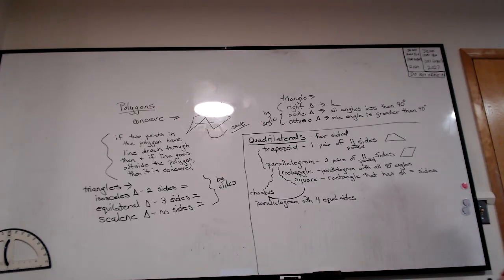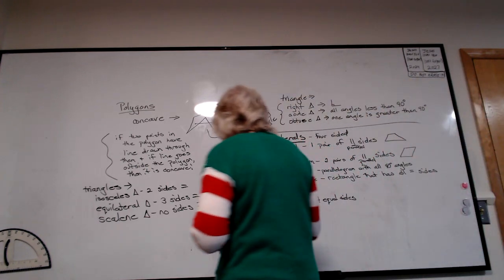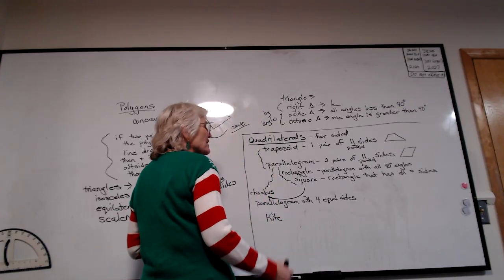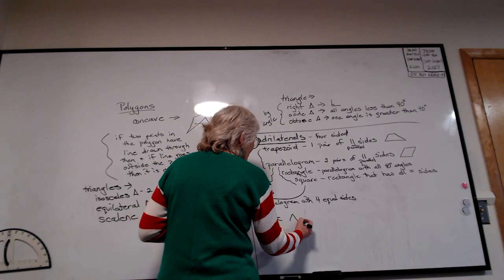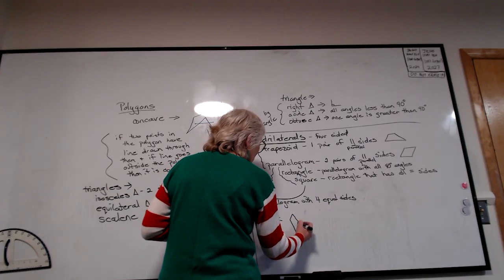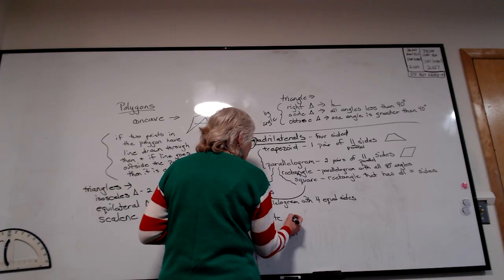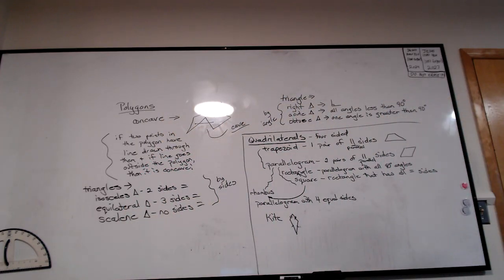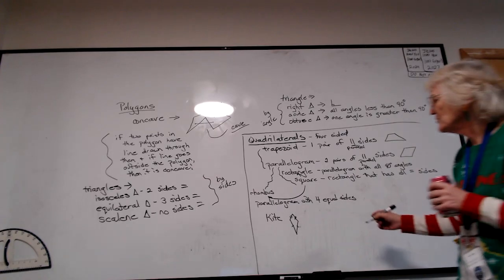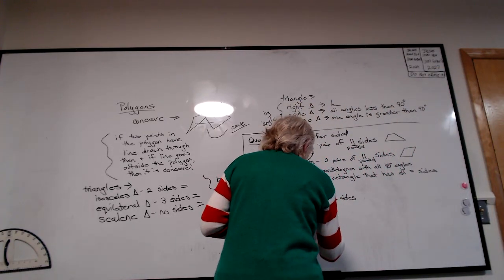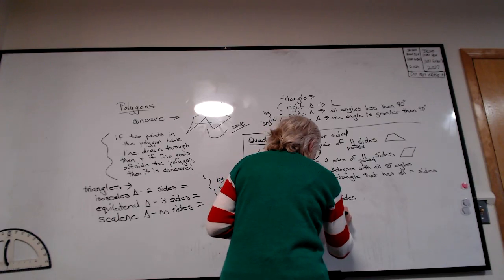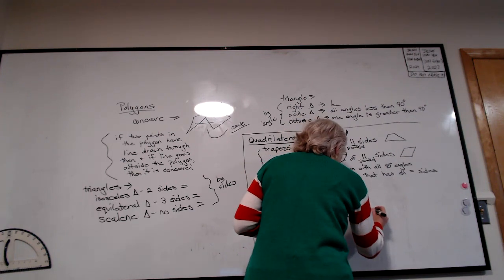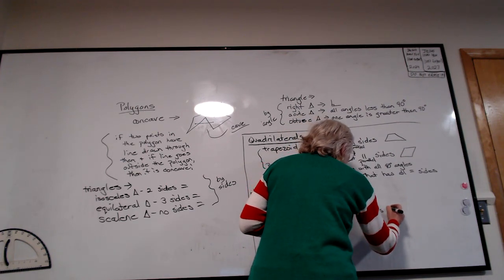There's one quadrilateral that doesn't fit in any of these categories. It's called a kite. The kite is where you have two pairs of adjacent equal sides, that means right next to each other.